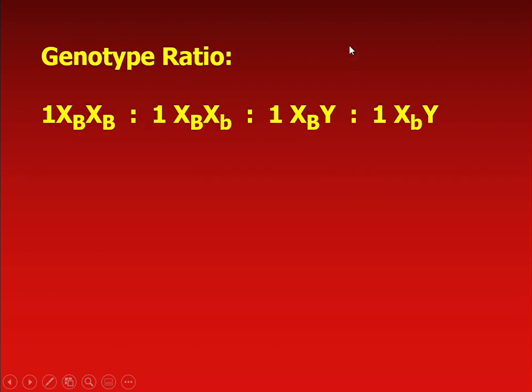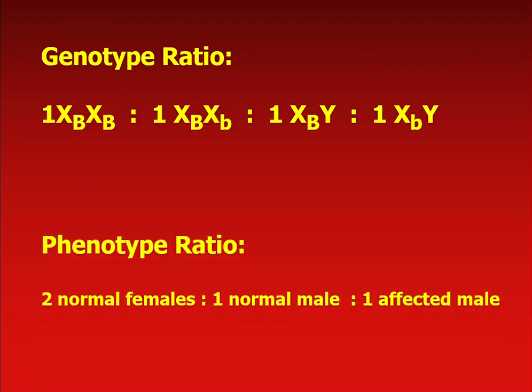Now, what is the phenotype ratio? There's two ways we can do this. We can either represent it as 2 normal females is to 1 normal male is to 1 affected male. Or the other way is saying 1 normal female, 1 carrier female, 1 normal male to 1 affected male. The IEB doesn't quite like it when you use carrier, although some places you'll see that they can say 1 normal, 1 carrier.